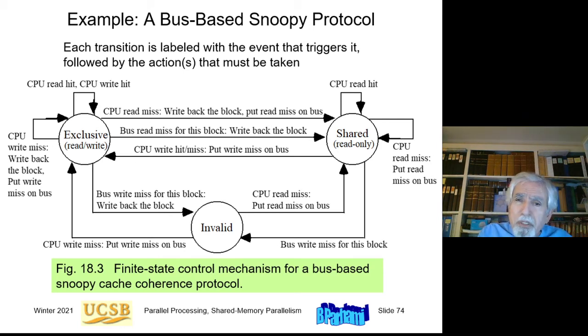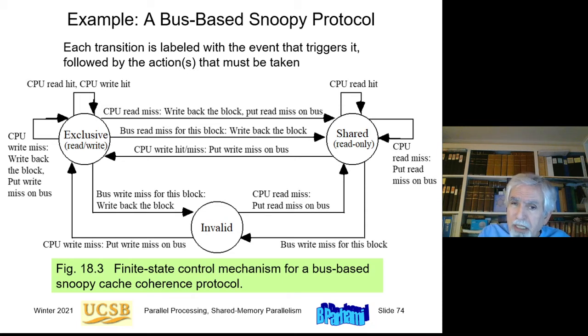So this is the Snoopy protocol. The assumption is that all the processors are connected to a bus. So the processor to memory network is a bus. And therefore, whenever a processor communicates with memory, all the other processors can see that communication by snooping on the bus.